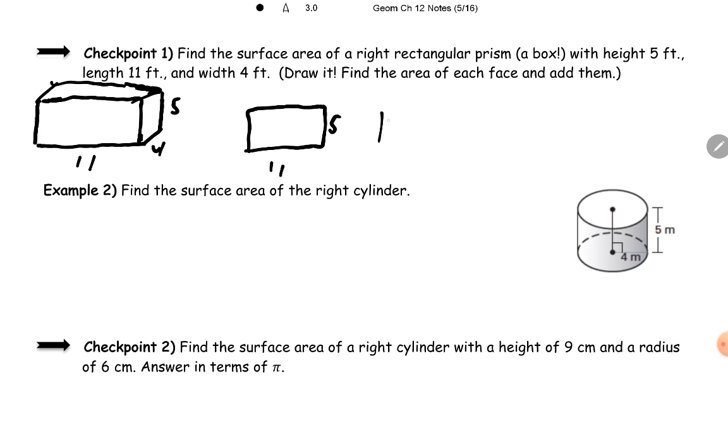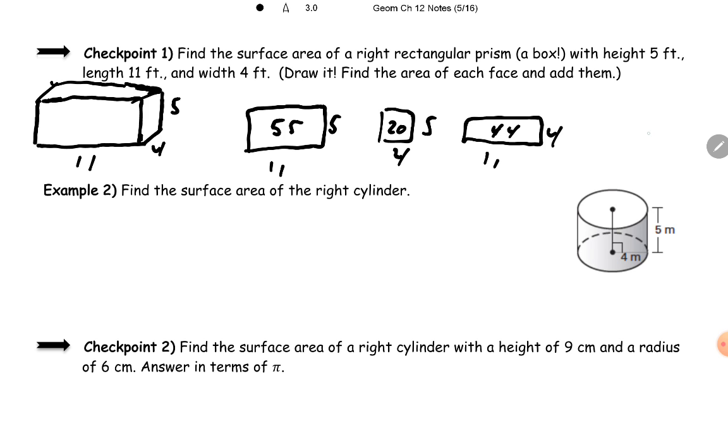We have two 5 by 4s, two sides. And we have two bottom, like bottom and top. So that's 11 by 4. So this area is 55, this area is 20, and this area is 44.